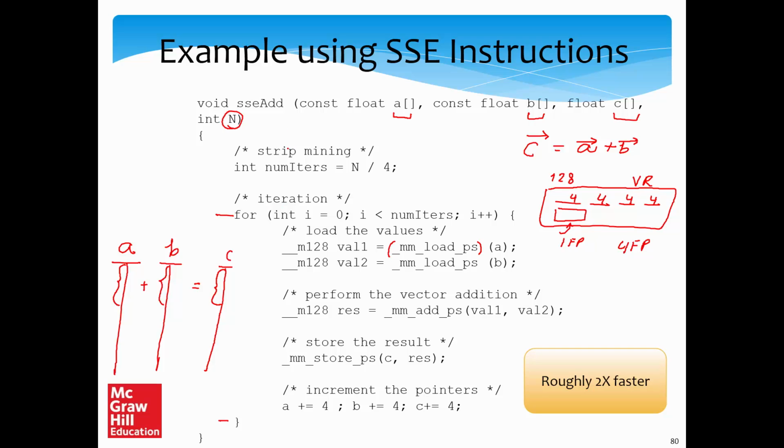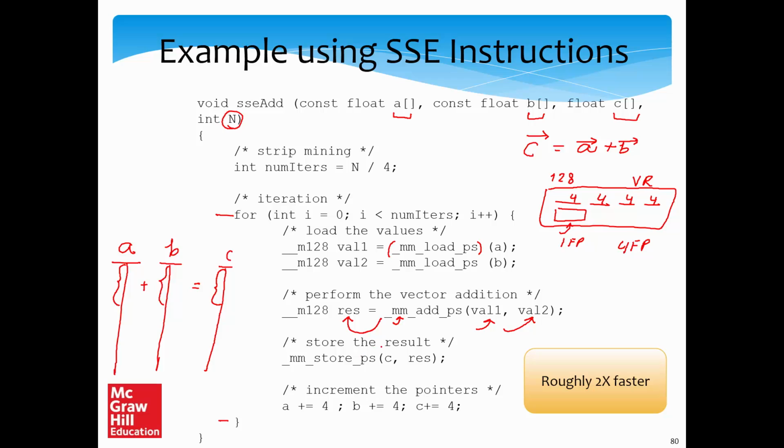So we have one more function, _mm_add_ps. mm basically stands for MMX. And in this case, we are adding the vector registers val1 and val2 pairwise. And the result is stored in another vector register res.